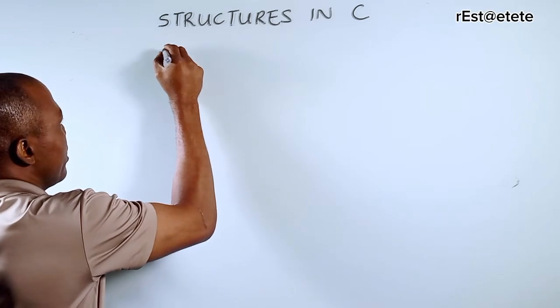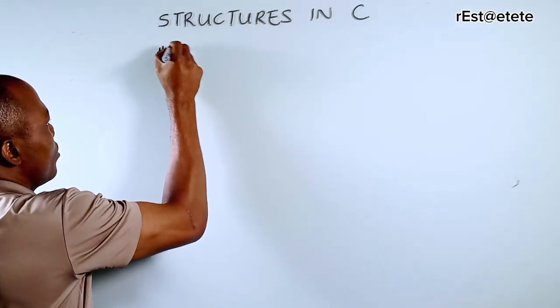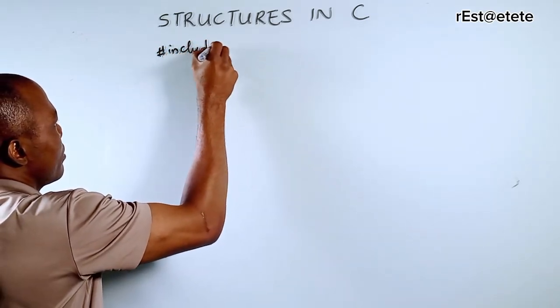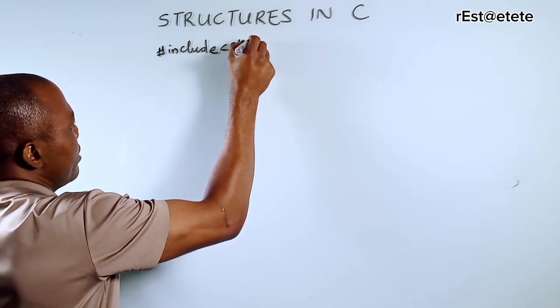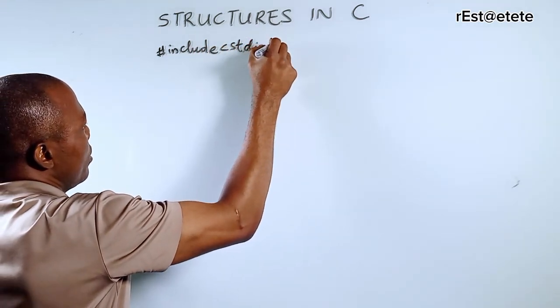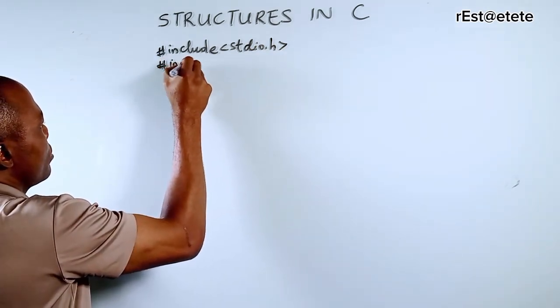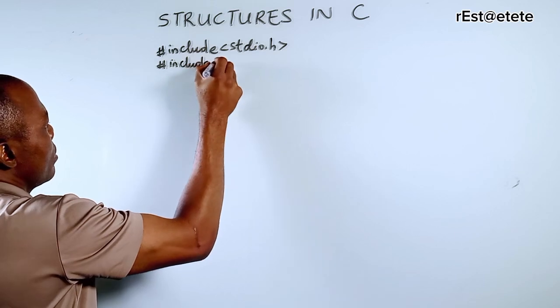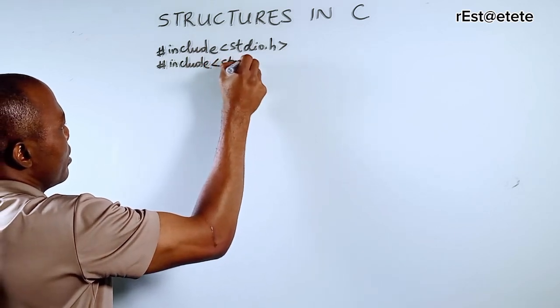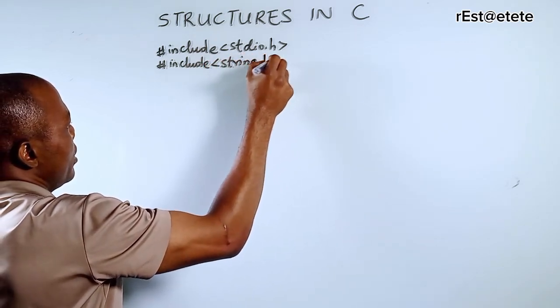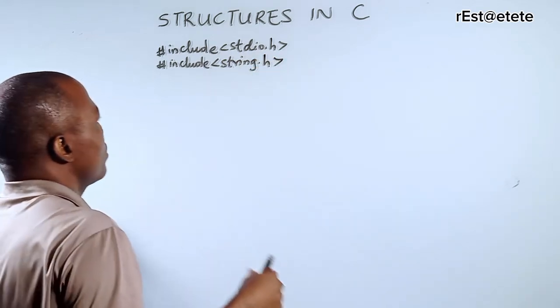So I will say include stdio.h. Then here I will say include string.h because I might need my string functions.